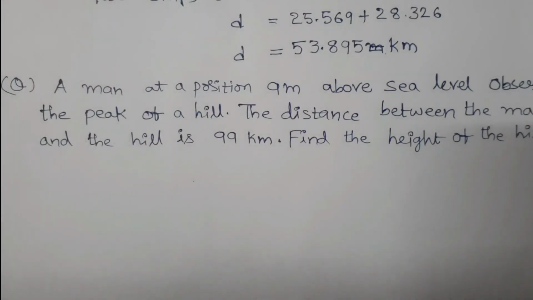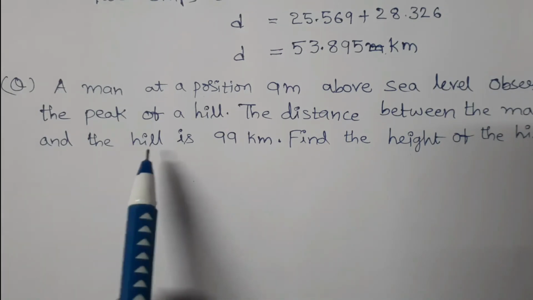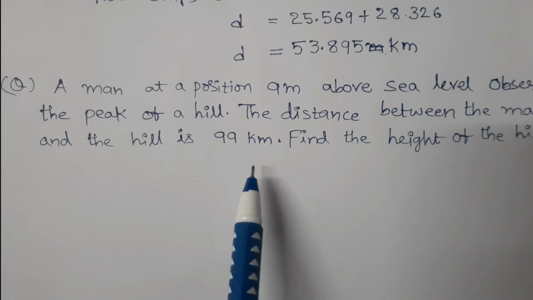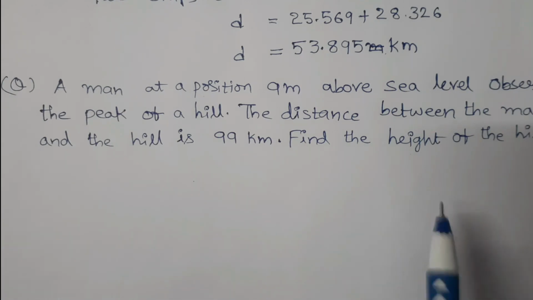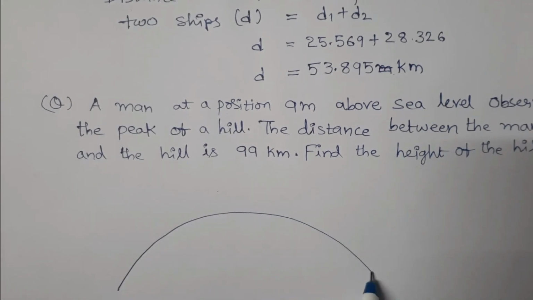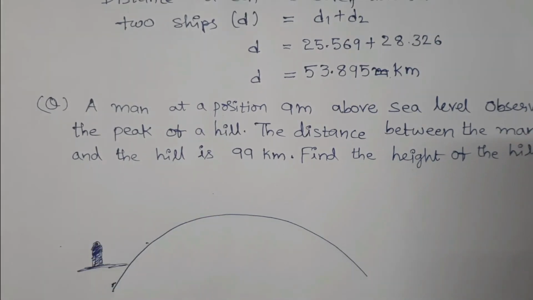A man at a position 9 meters above sea level observes the peak of a hill. The distance between the man and the hill is 99 kilometers. Find the height of the hill. See, this is the sea level.